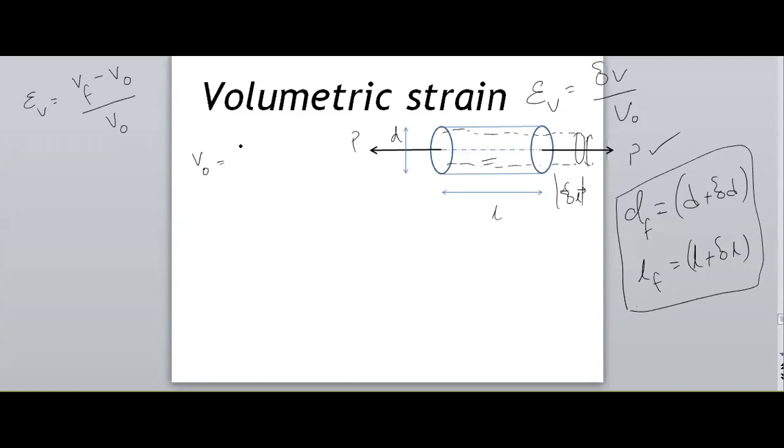It is area into length of that component. The cross-sectional area is pi by 4 d square, so pi by 4 d square into L is the original volume.